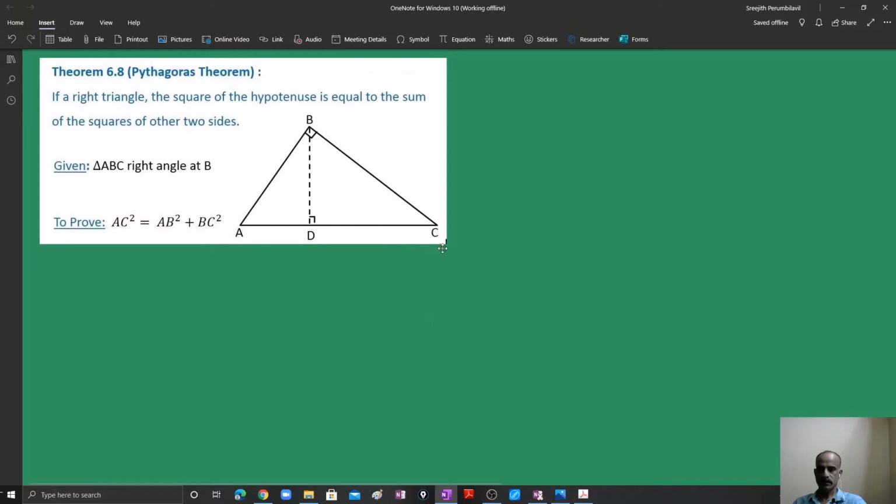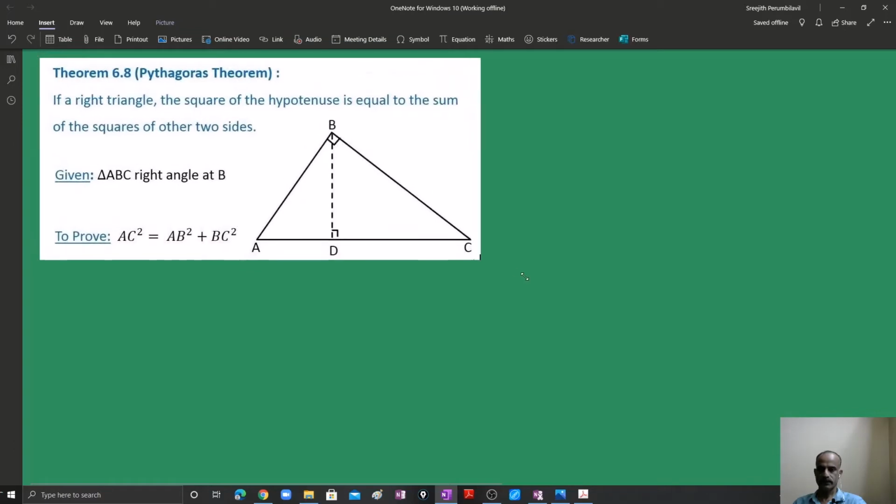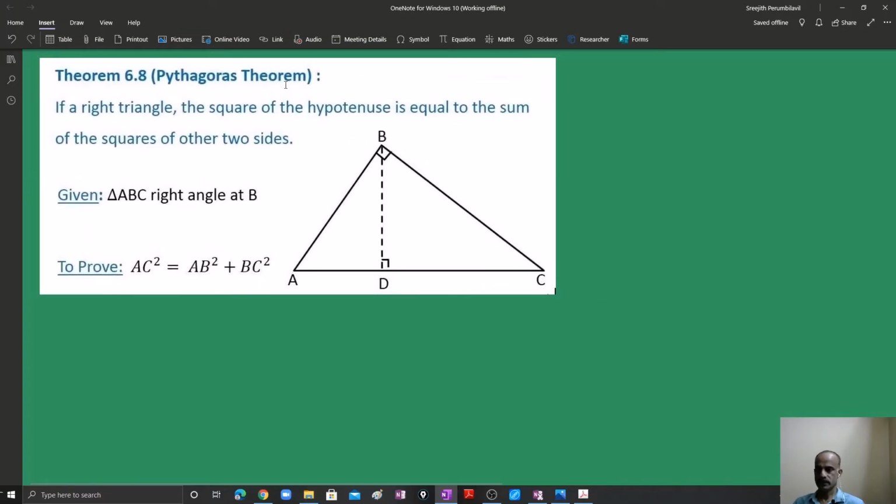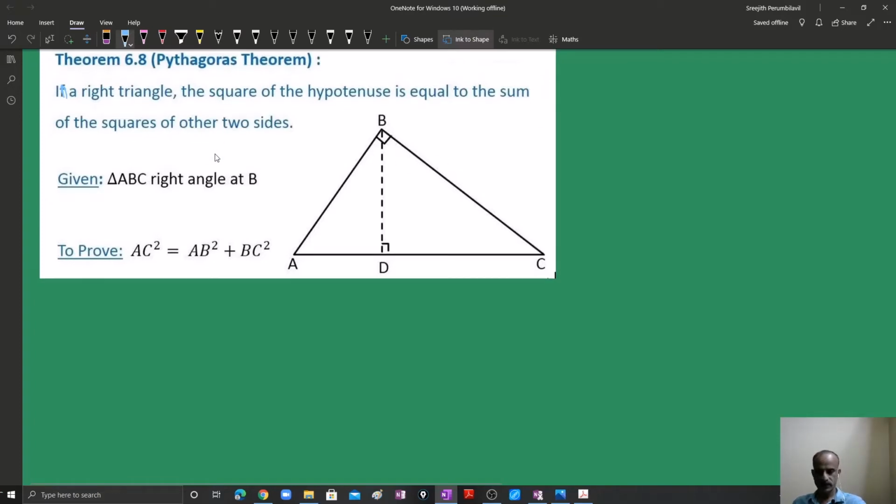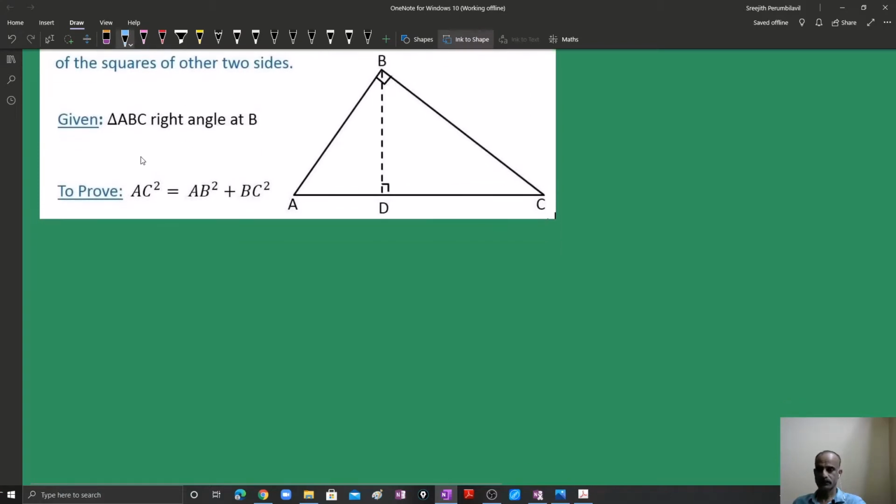There is a small correction to be made. Make it: in a right triangle, the square of the hypotenuse is equal to the sum of the squares of the other 2 sides. This is the statement of Pythagoras theorem. We know it, we have done it, just the idea is to prove it.